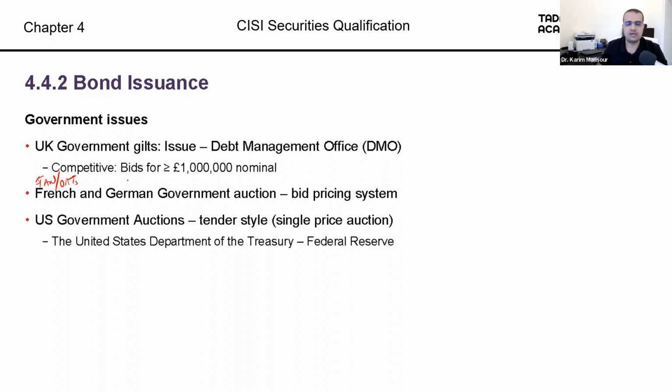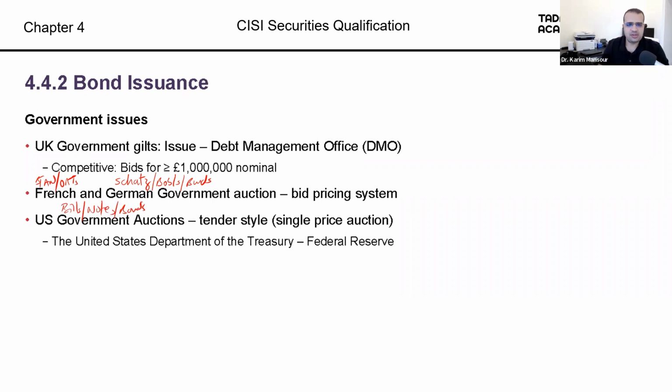The German bonds are called Schatz, Bobls, and Bunds. The US government bonds are usually called bills, notes, bonds, and so forth.